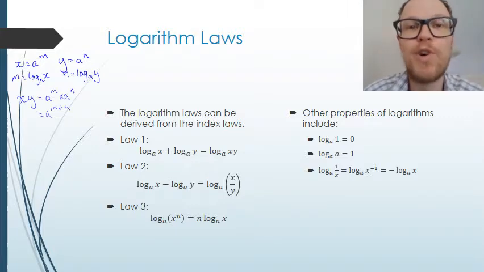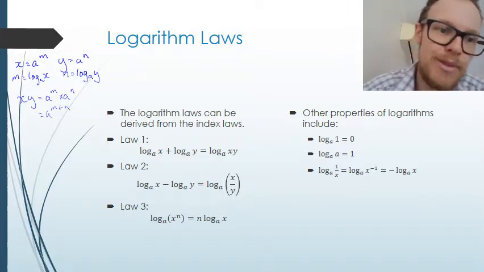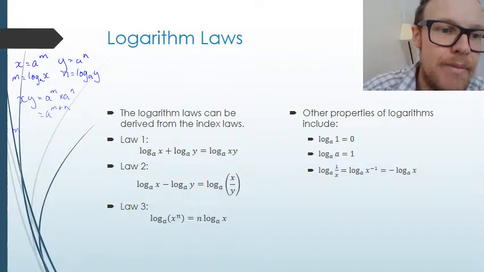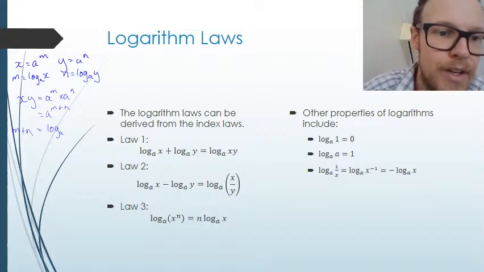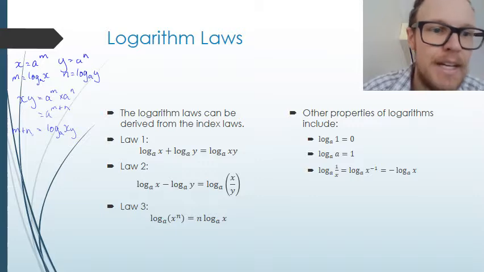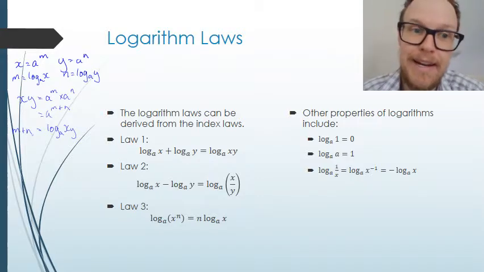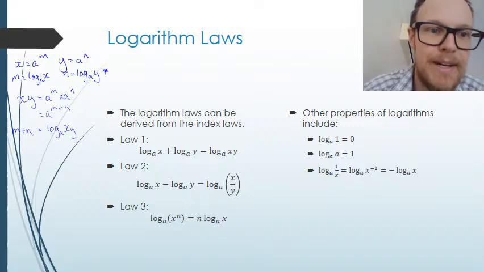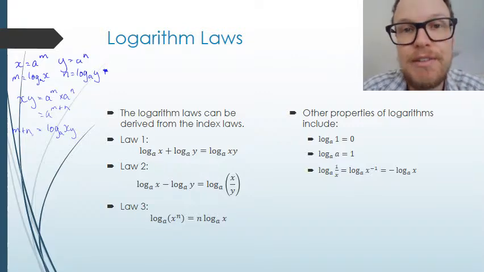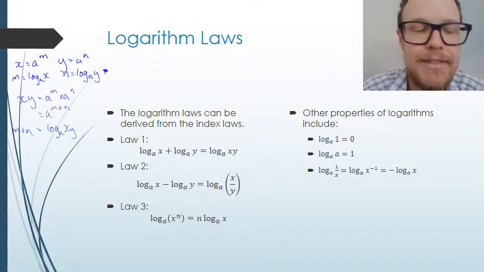Now if I rework this using the logarithm laws, I get that m plus n, which is the exponent here, is equal to log to the base a of xy. And I've stated up here what m and n are, so I can substitute those values of m and n down here.